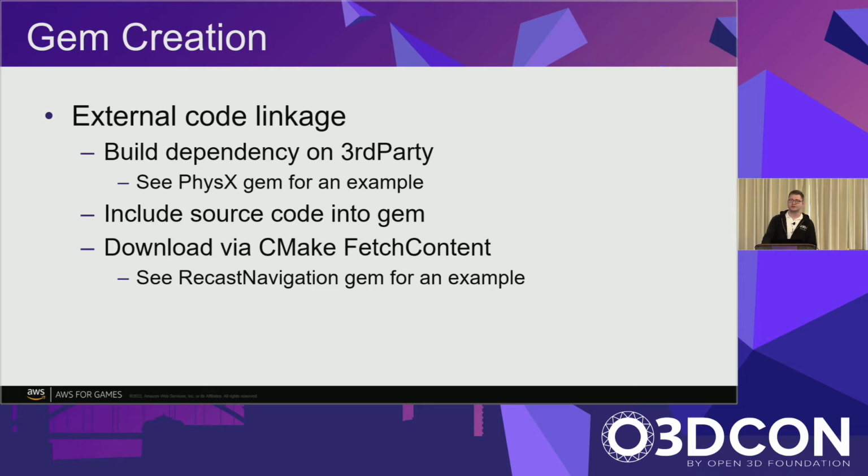After creating the gem, you need to set up the build dependency on your third-party library. This will depend a lot on how your library is structured, what kind of architecture it has, and what kind of modules it might have.